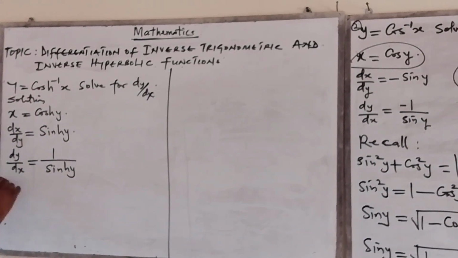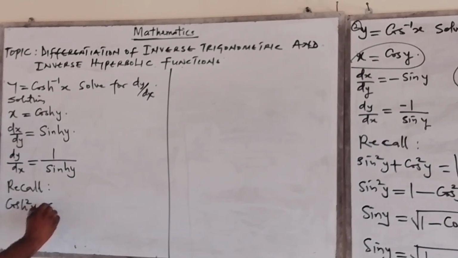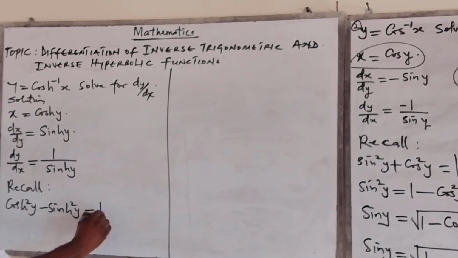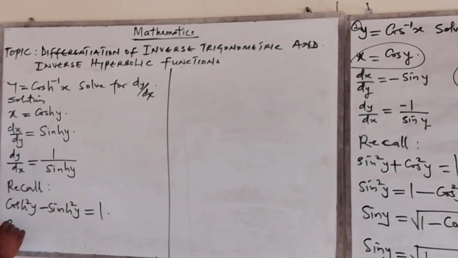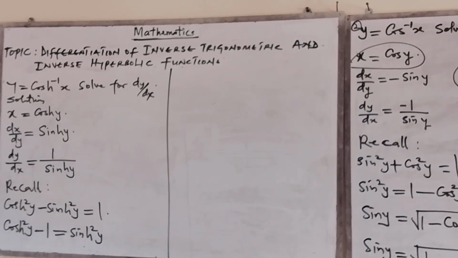Now recall that cos h squared y minus sine h squared y is equal to 1. So it therefore means that cos h squared y minus 1 is equal to sine h squared y.